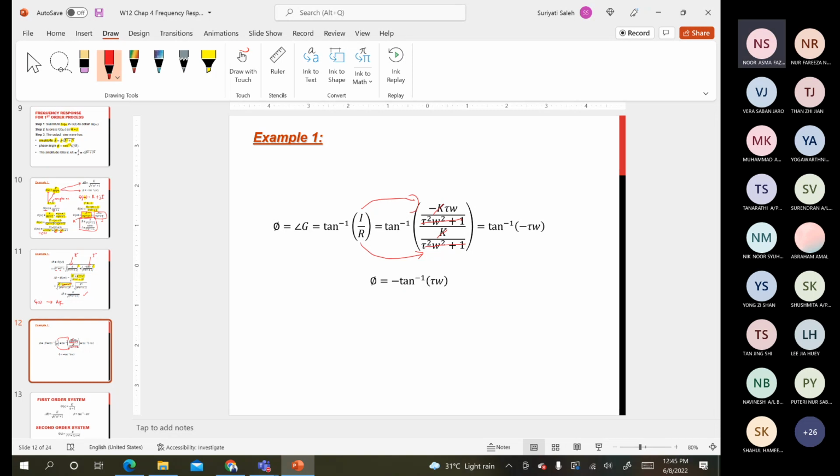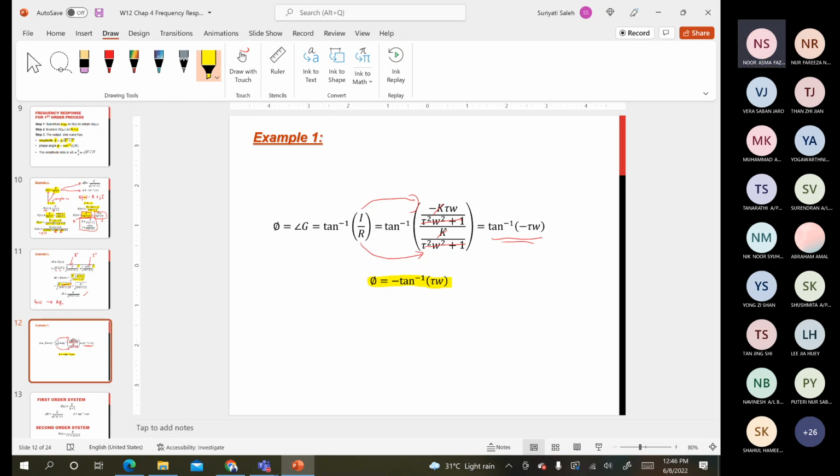So this contributes to the inverse tangent of negative tau w, where the negative sign can be located outside the expression, contributing to the angle equal to negative inverse tangent tau w. So this is the derivation of how to get the angle and the amplitude ratio from the transfer function.